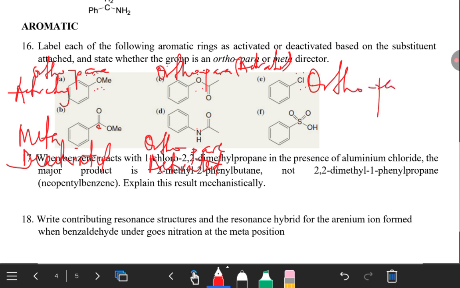One distinguishing feature about halogens is that they don't activate but withdraw electrons from the ring, hence deactivating it. So we're going to say Ortho-Para, deactivating.